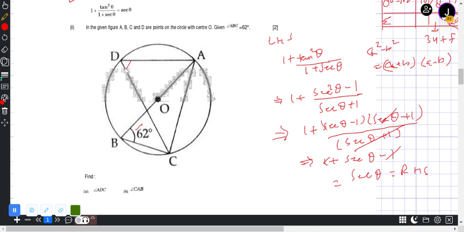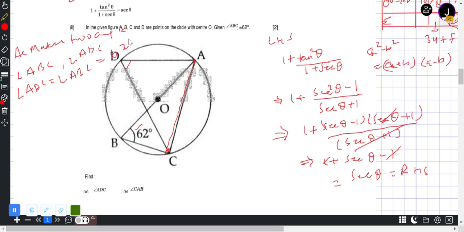Now if you see, chord AC makes two angles on the same side of the circle, angle ABC and angle ADC. Angles on the same side of the circle will be equal. So angle ADC is equal to angle ABC, which is 62 degrees. So the first part is answered.